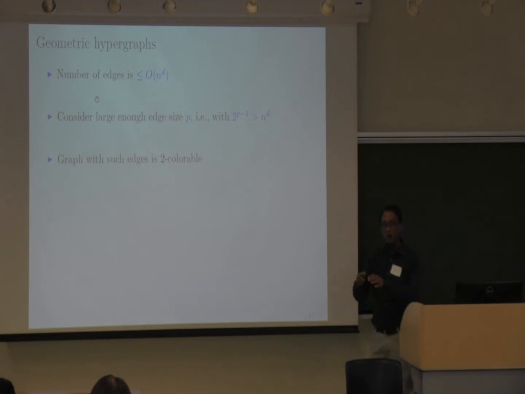Therefore, if out of that hypergraph we only look at the edges which are large enough, then the sub-hypergraph of such edges will be two-colorable. It turns out that if the edge size is at least log n, then the hypergraph is two-colorable.